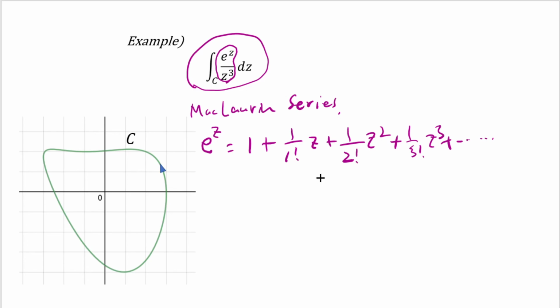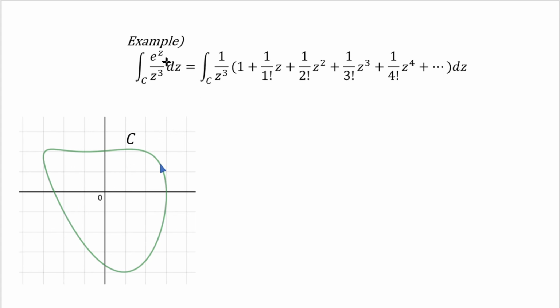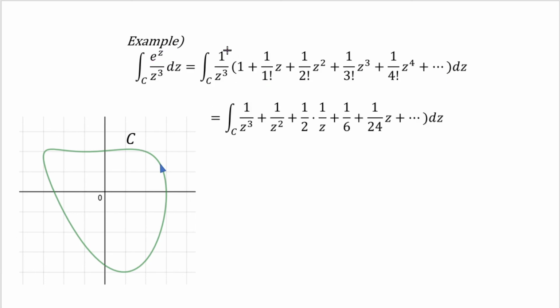If you replace e to the z by this, then you can proceed to calculate by multiplying the 1 over z cubed to each one of them.